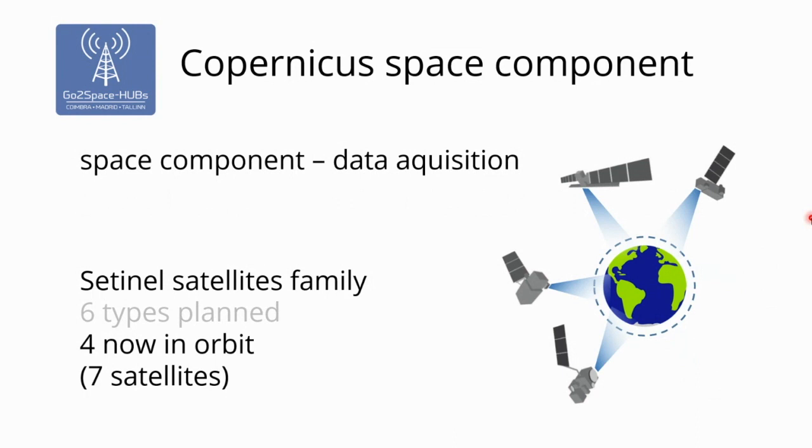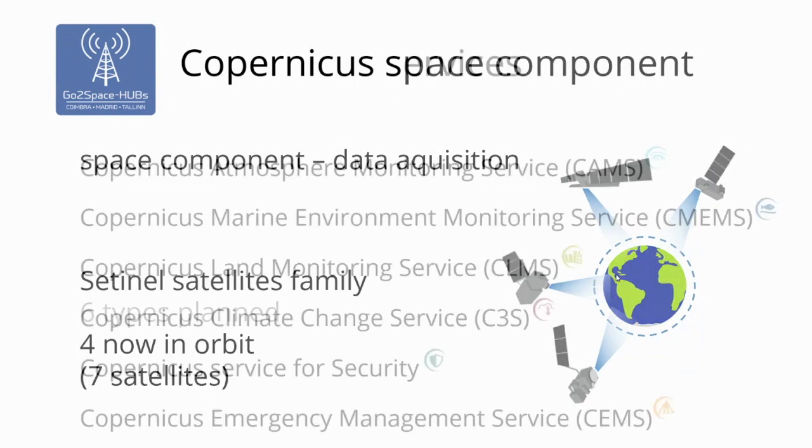So we have Sentinel-1, which is radar. We talked about radar satellites. Sentinel-2, which is an optical satellite, and also we have Sentinel-3 and Sentinel-5 satellites for now.